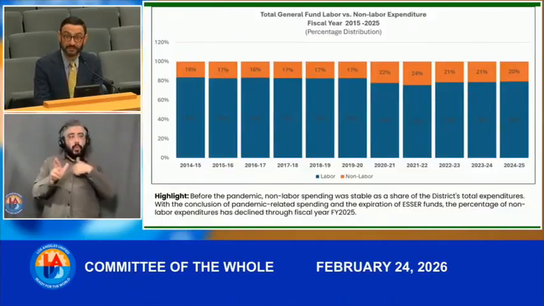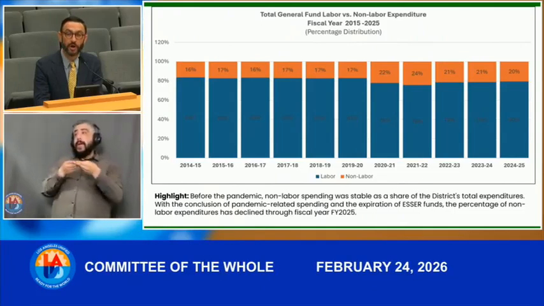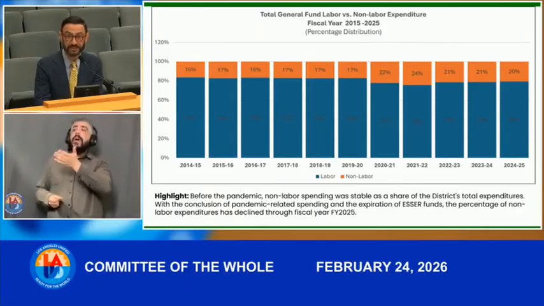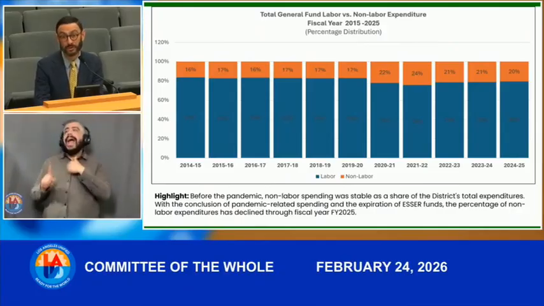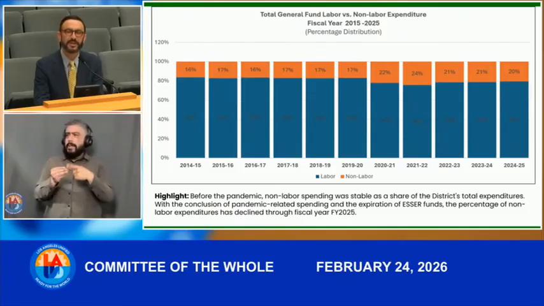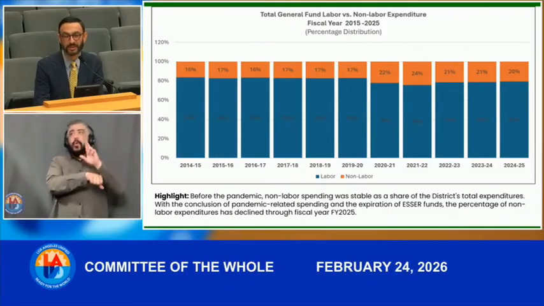It's a factor. So non-labor expenditures that you see here are not part of the 55%. So it is a factor, but there are a lot of other labor expenses that are also not part of the 55%. I think we covered some examples previously, but generally everything outside of the classroom, whether labor or non-labor, is not included in the 55%.